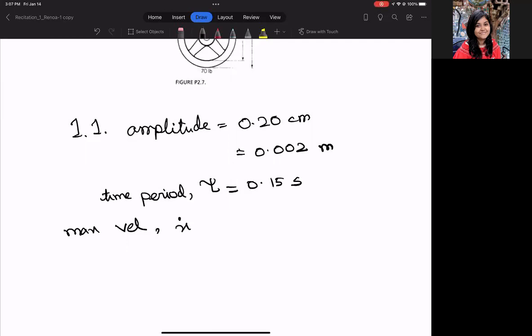We have to determine the maximum velocity, which is x naught max, and also the maximum acceleration, which is x double dot max.